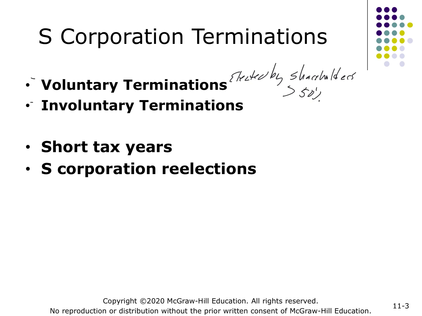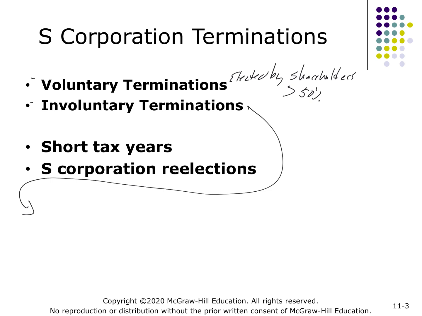There's also this thing called an involuntary termination, all right? And so you can end up involuntarily terminating your S corporation status if you fail one of the requirements, okay? And so you've got a couple of requirements, and I'm going to draw a little arrow down here. I sadly did not leave enough space.